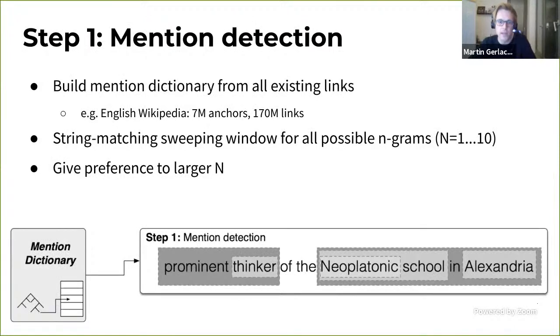I want to quickly go through how we solve these three different steps in the context of Wikipedia. Step one was mention detection. We start by building an anchor dictionary: we look at all existing links in a Wikipedia version and record the mentioned text and the link that it links to.